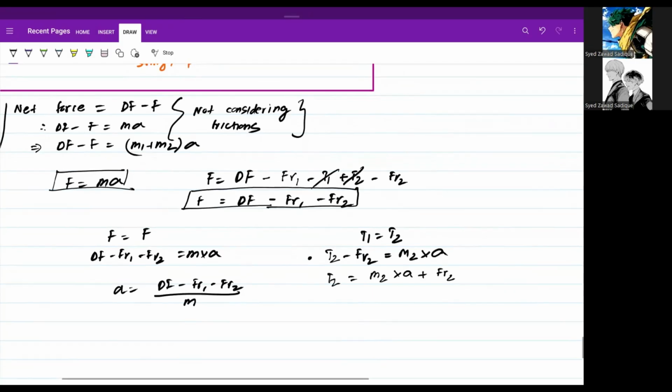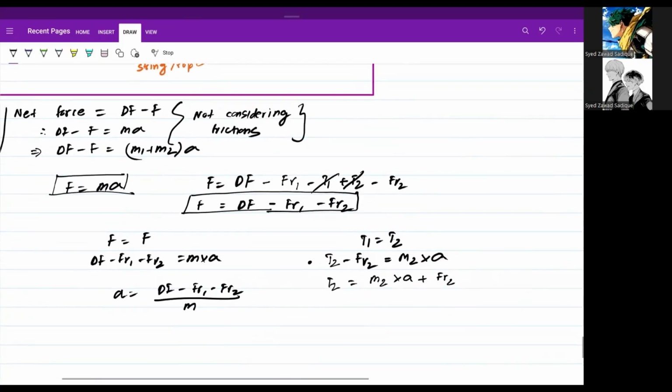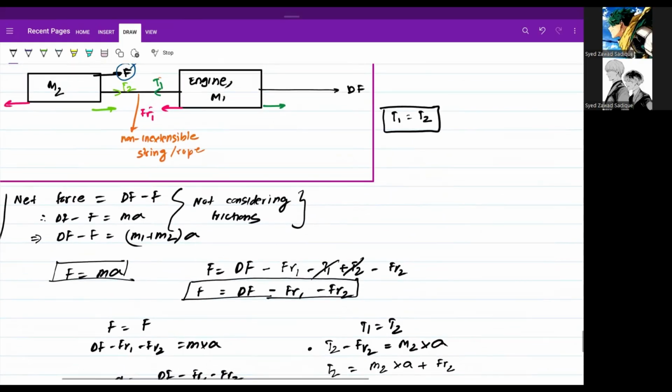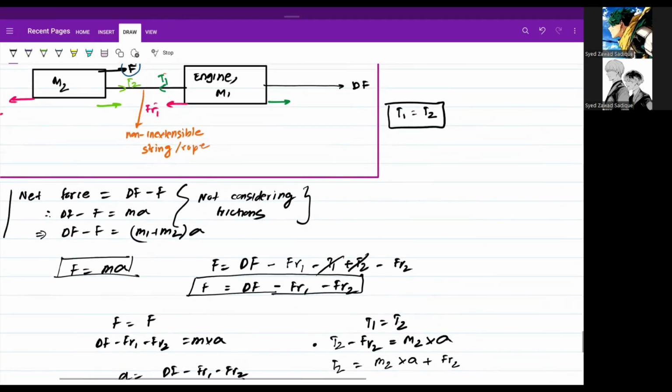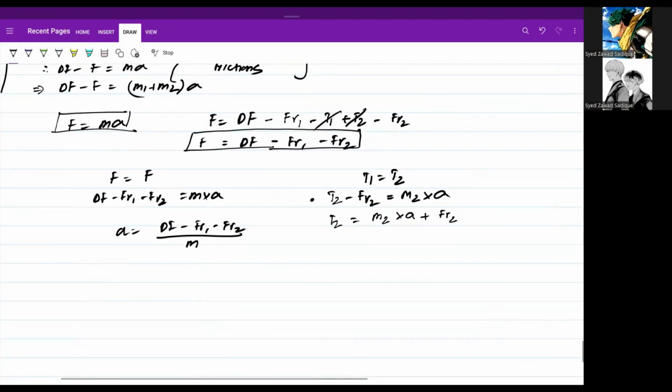Now, let's say you don't like T2. You want to use T1 because T1 seems like it has more numbers. I know there are a lot of people who like to find a certain value when there are more numbers to work with. However, T1 is a bit different. You have to realize that T1 is going in the opposite direction. For T1, you have to do this: driving force minus FR1 minus T1 is equal to M1 times combined acceleration.